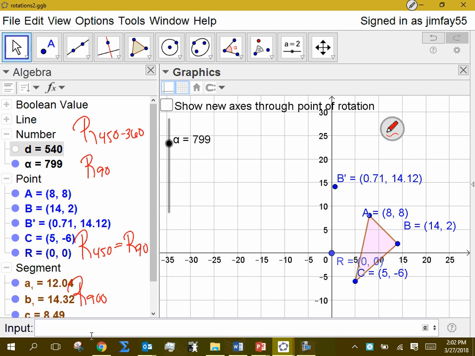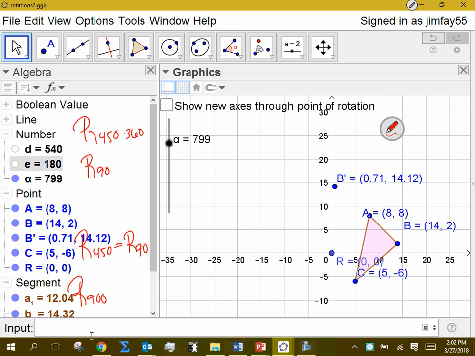Well, that's all you need. So we'll take 540 and subtract 360 again, because a 900 and a 540 are the same thing. Does that make sense? So I'll subtract 360 from 540, and it gives me 180. So if I wanted to rotate 900 degrees, I'm going to do 180 instead, because it gives me the exact same image. Does that make sense to everybody? Okay.